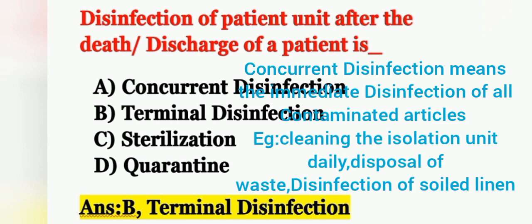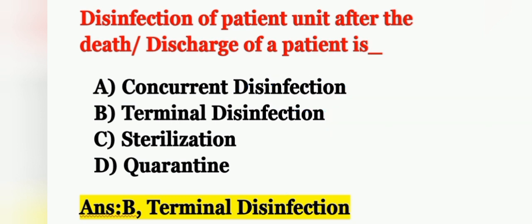Concurrent disinfection means the immediate disinfection of all contaminated articles during the course of disease. For example, cleaning the patient unit or isolation unit, proper disposal of waste, disinfection of soiled linen. Suppose blood spills are present in the patient area, that should be cleaned. All that comes under concurrent disinfection.